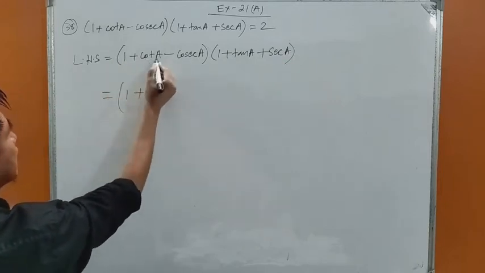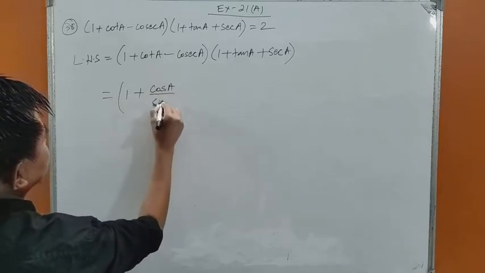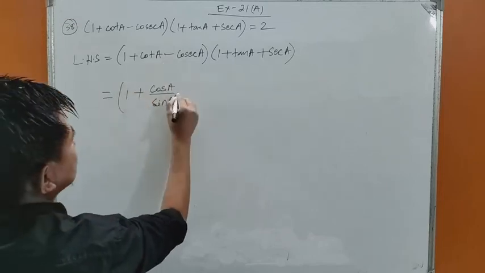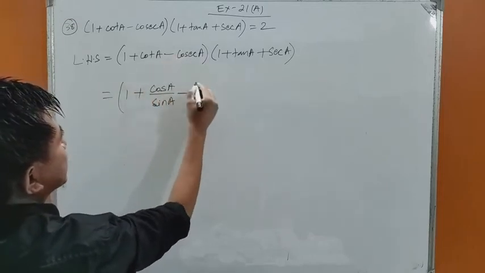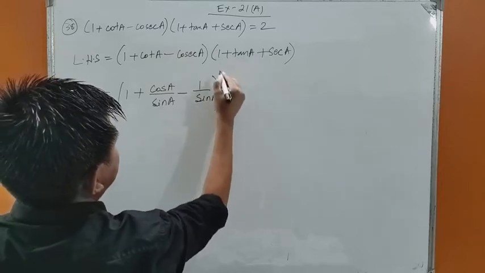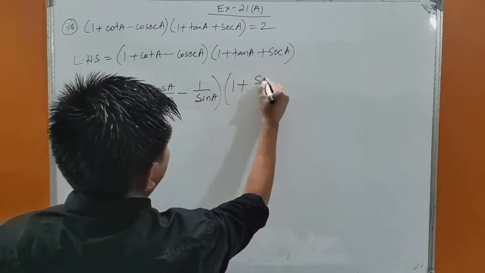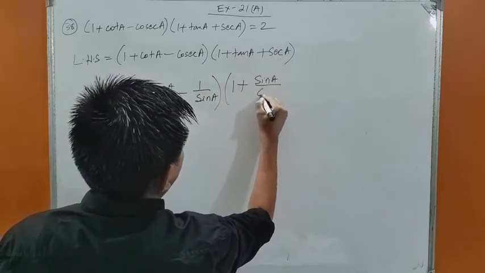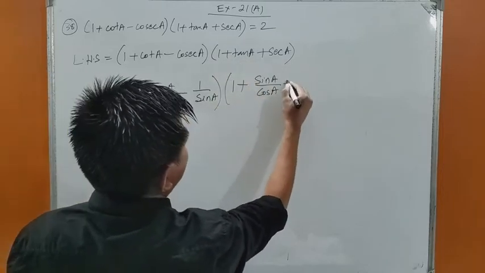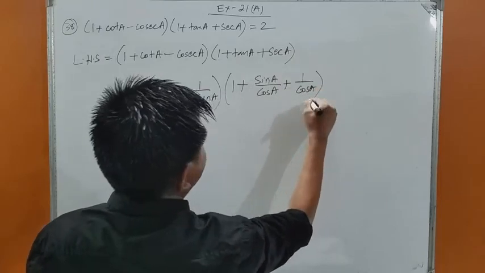1 plus cot A, where cot A can be written as cos A upon sin A, minus cosec A, which means 1 upon sin A. 1 plus tan A, where tan A means sin A by cos A, plus sec A, which means 1 upon cos A. Are you getting me?